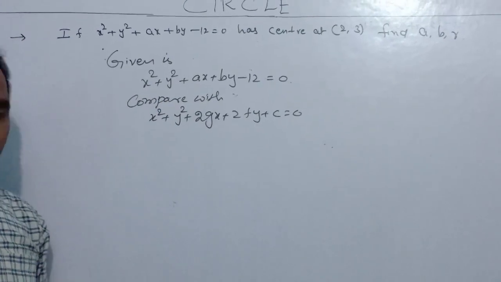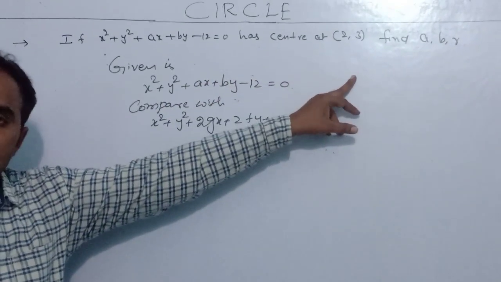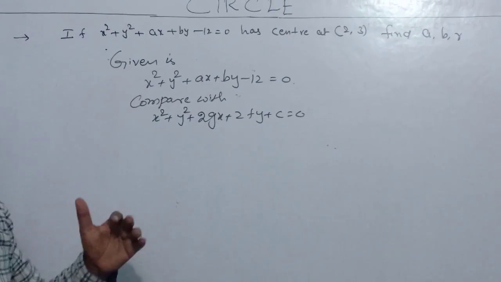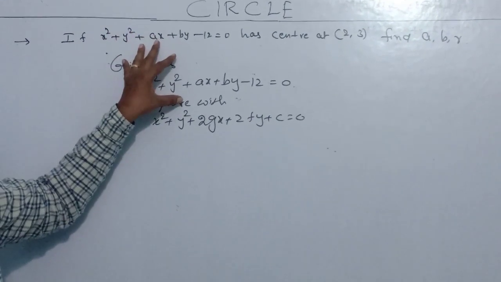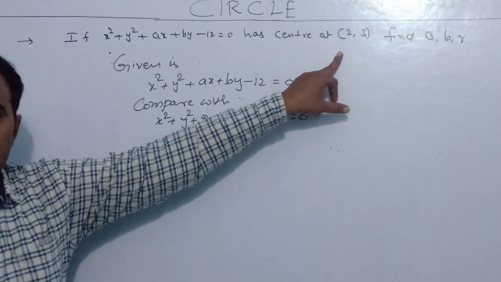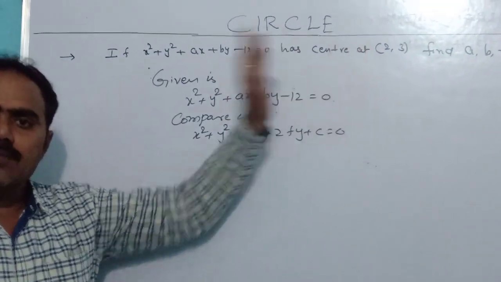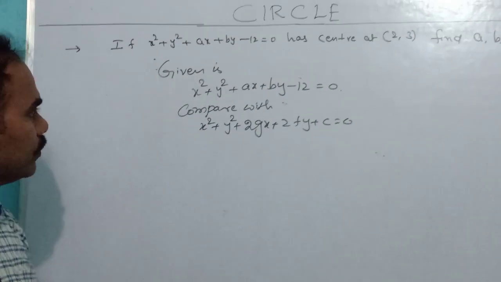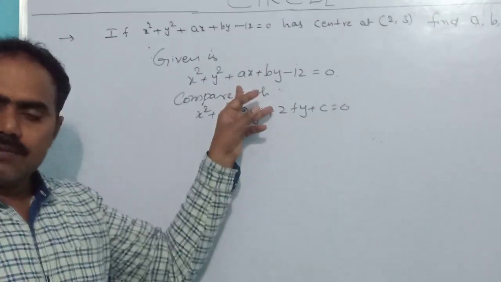According to the problem, the center of the circle is given. So we have to equate the center of the circle to the point 2, 3. Before that, we find the center of the given circle. This is the given circle.